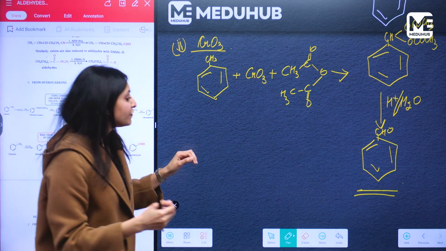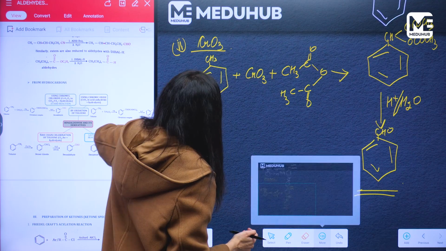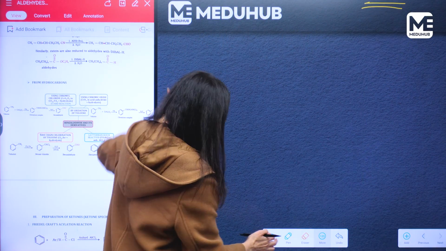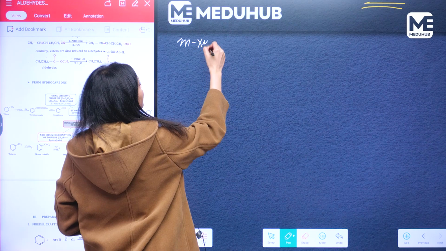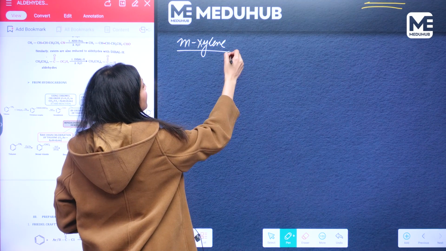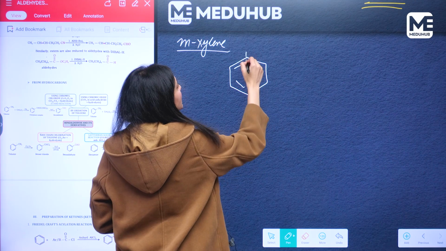Now I am going to tell a few reactions which are of a little advanced level. What happens if you have metaxylene? Now metaxylene has 2 methyl groups.